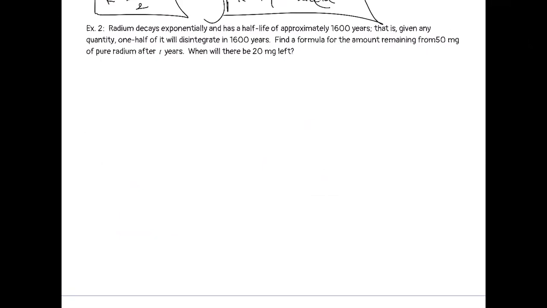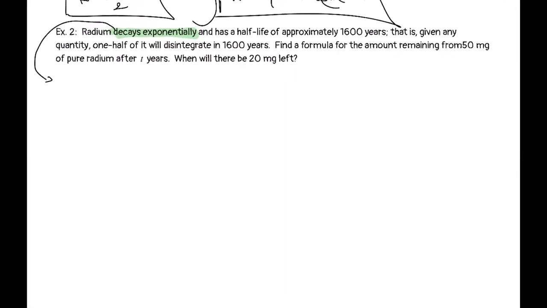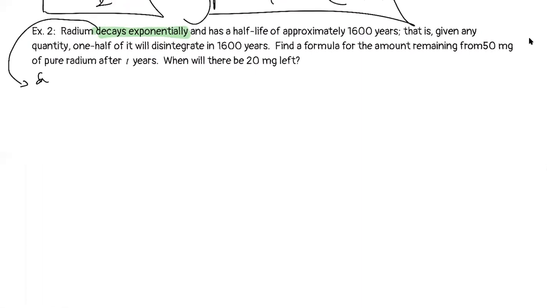Okay. So again, as soon as we see this exponential decay or exponential growth, like we did in number 1, that tells us that we have dx/dt equals kx.